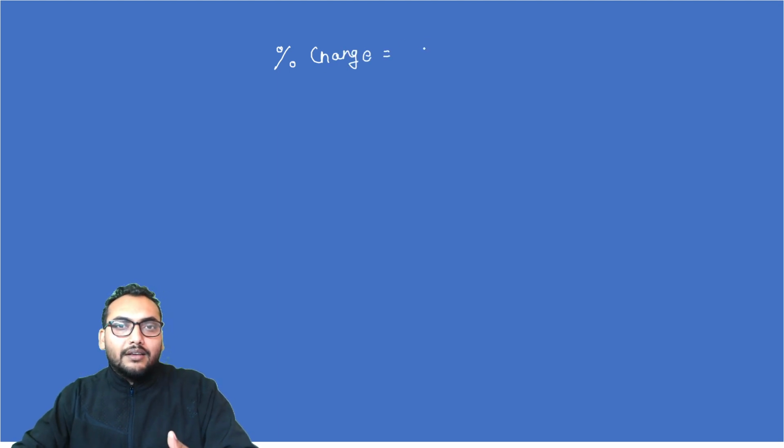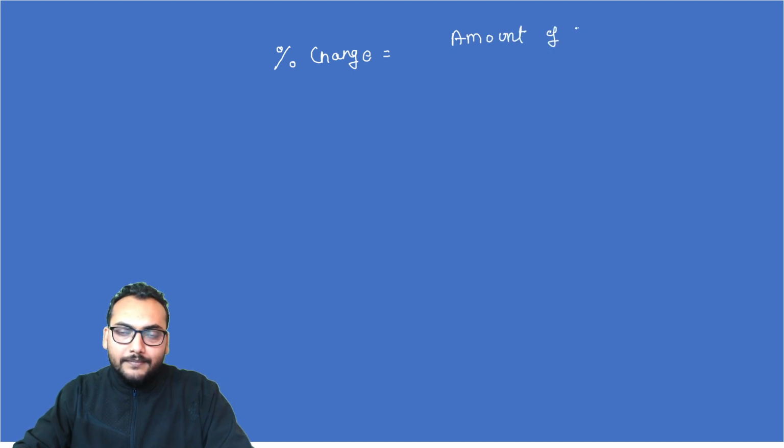So if you want to know the percentage change, again you can write the formula in another way: percentage change is equal to amount of change divided by initial value and multiplied by 100%.